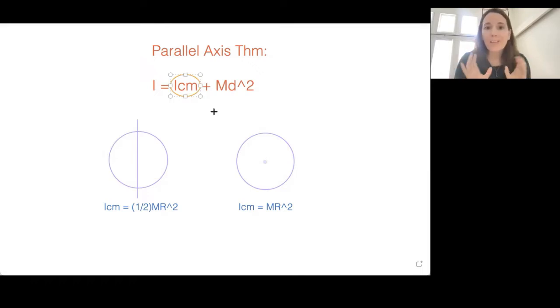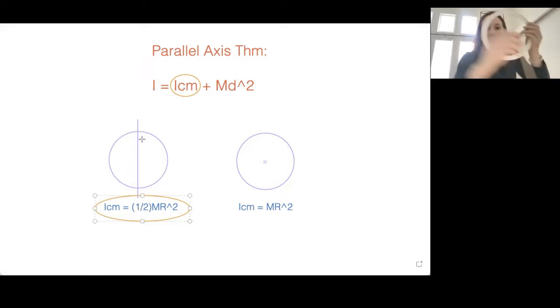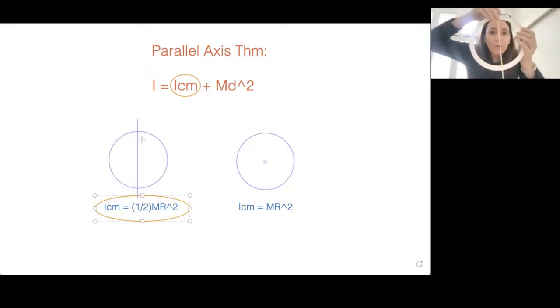So for example, in this ring, it's tricky because on the table, there are 2 moment of inertias for the hollow ring. One is 1/2 mr squared, and that would be for an axis that points along the plane of the ring so that it rotates as I'm indicating here.